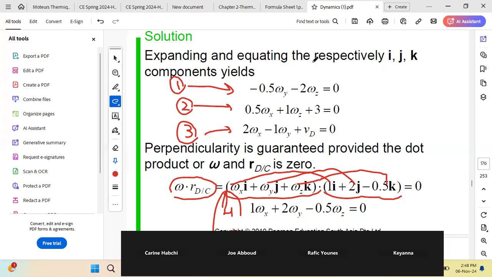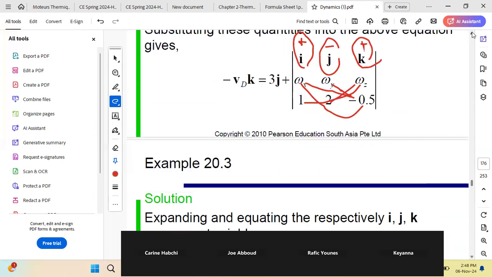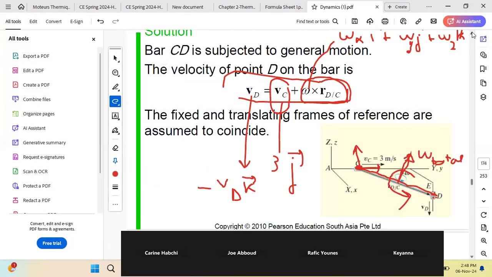Okay? Here, omega is perpendicular to the frame of motion because we divided the motion. In general plane motion, remember what we did? We divided the motion into translation plus rotation. We took small x, small y, small z translating with one point of the rod. If you take this frame translating, then when you are standing on this frame, what is D doing relative to C?